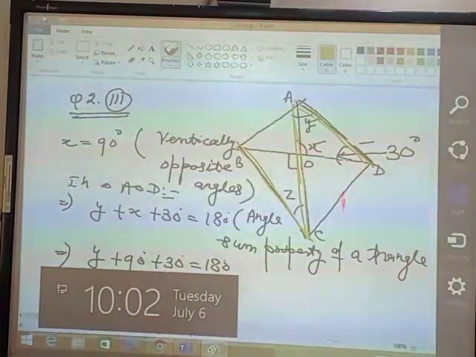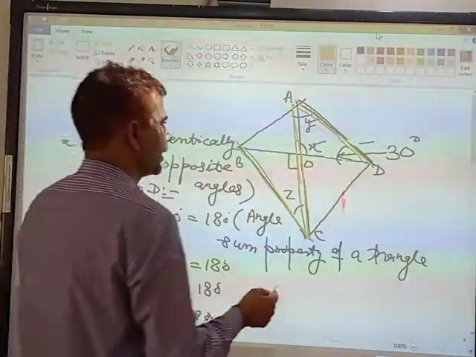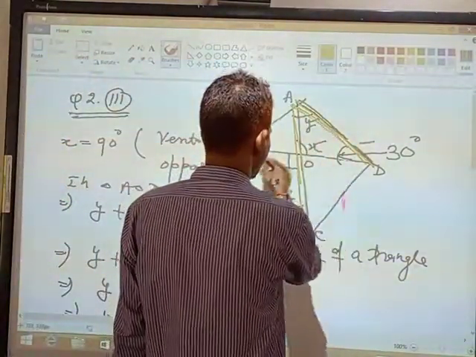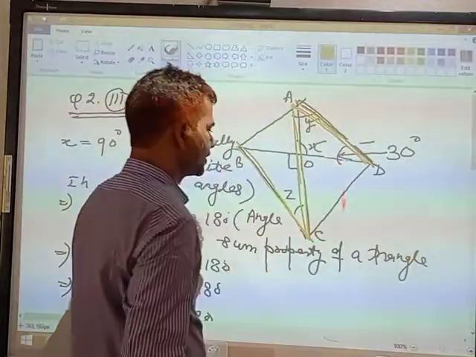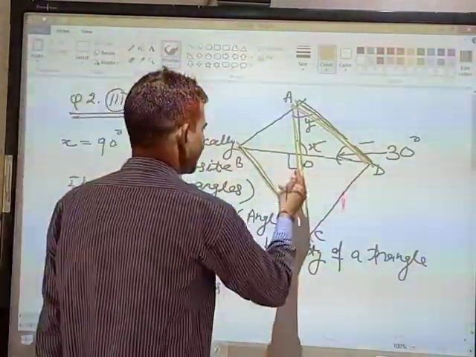Students, listen to me. AD is parallel to BC and AC is a transversal. Therefore, Z is equal to Y, alternate interior angles.